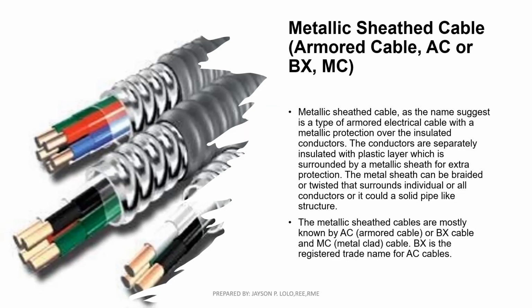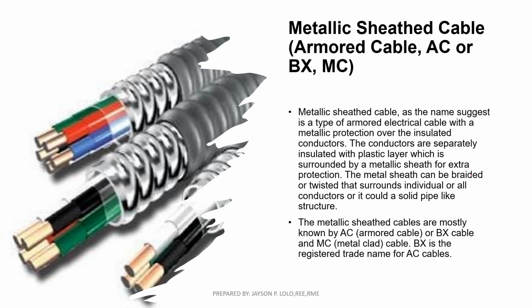So aside from non-metallic, we also have a metallic sheeted cable. This is armored cable. Take note that the metallic sheeted cables have conductors separately insulated with a plastic layer. So there is a plastic layer from the metallic to the plastic layer. The first one is metallic, then the plastic insulation, then the conductor.